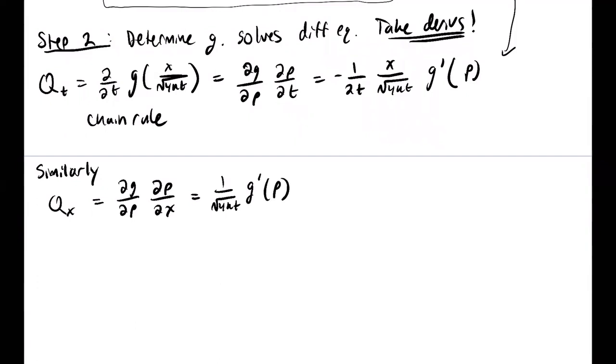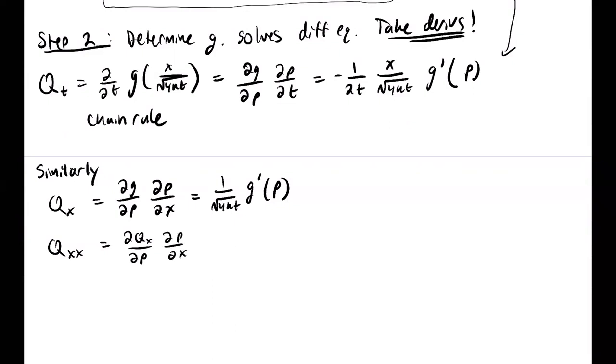Again, if this doesn't make sense, just pause the lecture and calculate it for yourself, and you should be able to get this formula without too much effort, hopefully. And then if I take one more derivative with respect to x, I have the derivative of q_x with respect to p times dp/dx again.